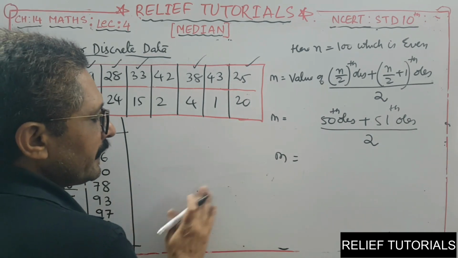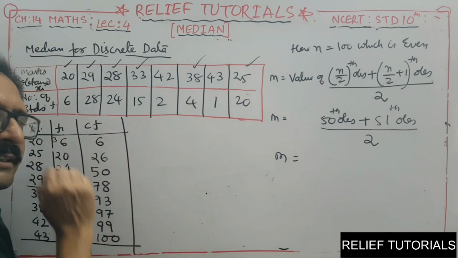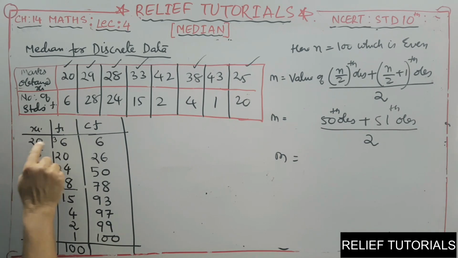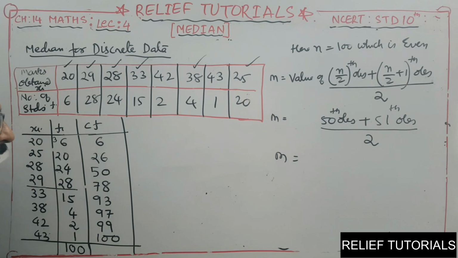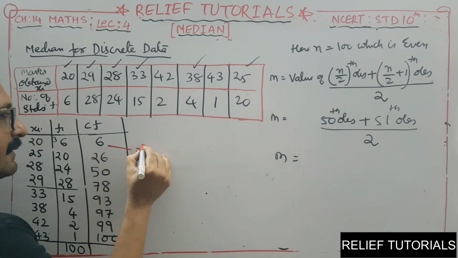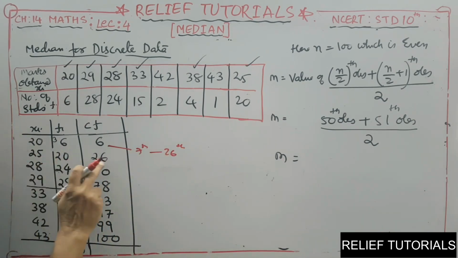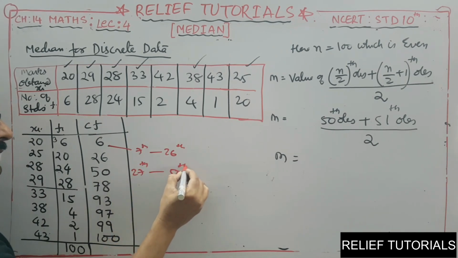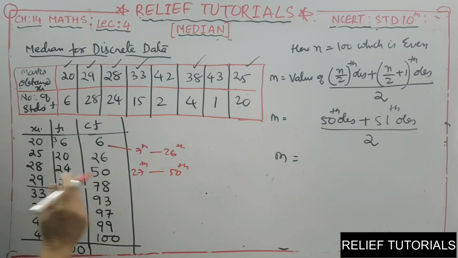Now, I told you repeatedly, what does this cumulative frequency mean? Up to the 6th observation, it is 20. From the 7th to the 26th, it is 25. After 26, we get 27. So from the 27th to the 50th observation, it is 28. So the 50th observation is 28.